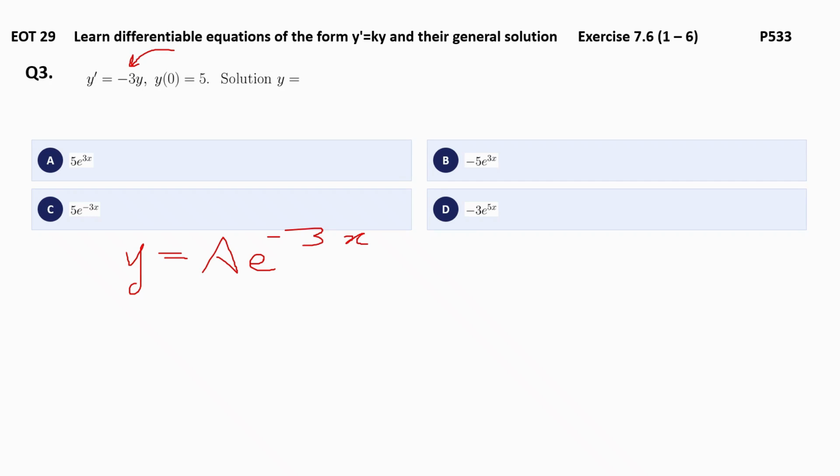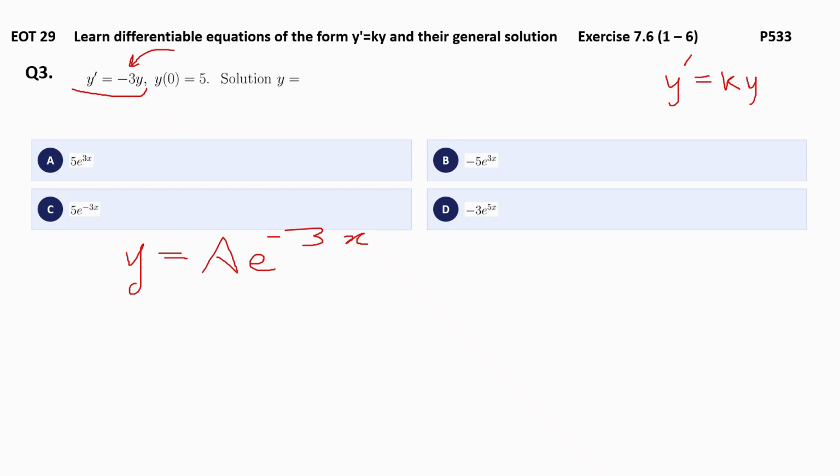Please make note, only if the differential expression is given as y prime is equal to negative or whatever it is, the constant times y in that form. In short, you can note y prime that's equal to ky format. Only k is a constant. It could be positive or negative. Only if the format is like this, you can directly substitute the answer as capital A e power whatever the value of k, multiplied by x.